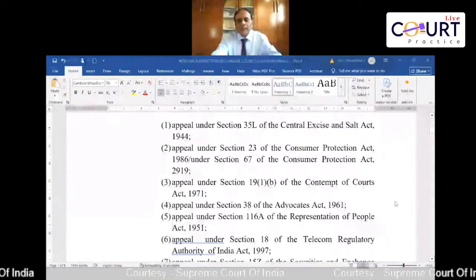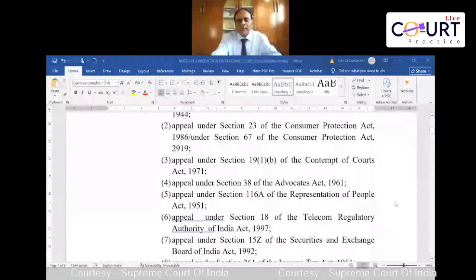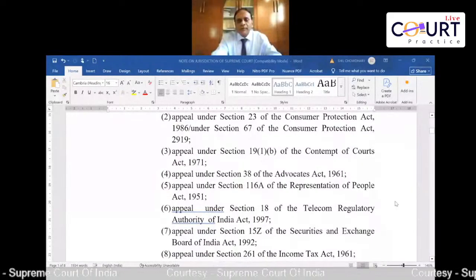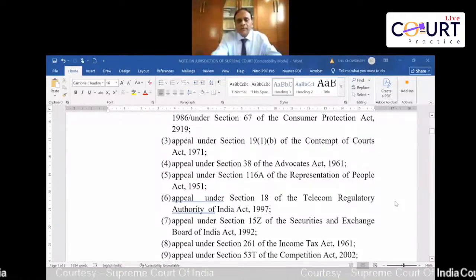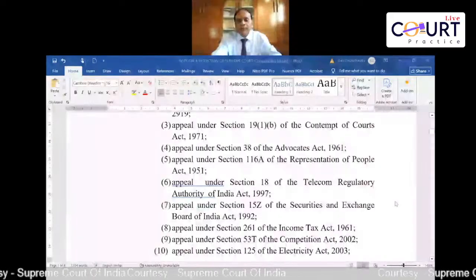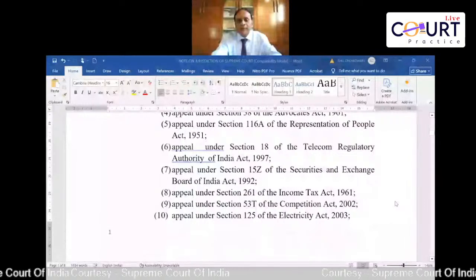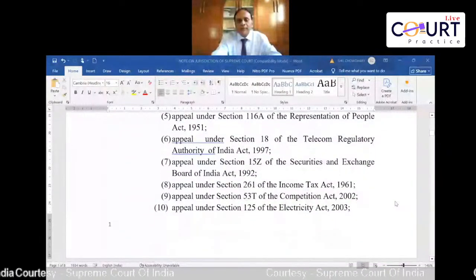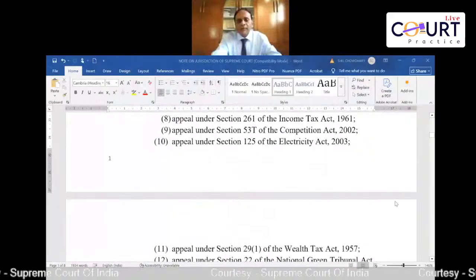There is a typo here. It should be 2019. Then appeal under Section 19(1)(b) of the Contempt of Court Act, appeal under Section 38 of the Advocates Act, appeal under Section 116A of the Representation of People Act, appeal under Section 261 of the Income Tax Act, appeal under Section 53T of the Competition Act, and under the Electricity Act.